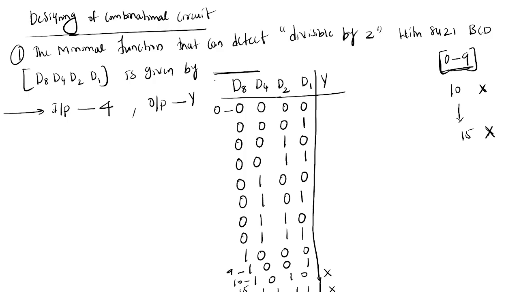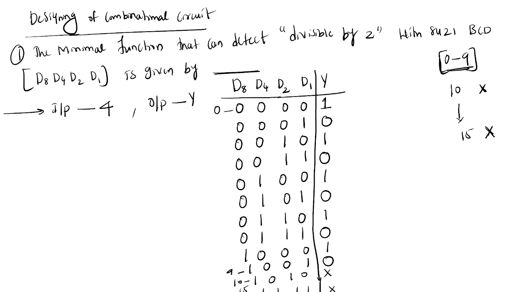Now based on the problem, minimal function that can detect divisible by 2. Is 0 divisible by 2? You are getting remainder 0, so the output is 1. Is 1 divisible by 2? No, so the output is 0. If the number is divisible by 2, you need to make the output 1. 2 is divisible by 2, 3 is not, 4 is divisible, 5 is not, 6 is divisible, 7 is not, 8 is divisible, and 9 is not.